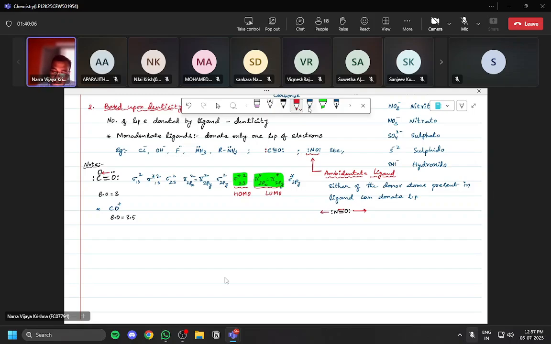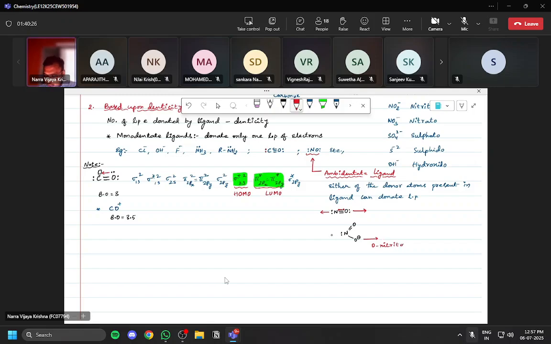Same if you take NO2 minus, nitrite, nitrito. If oxygen acts as a donor, it is called O-nitrito.